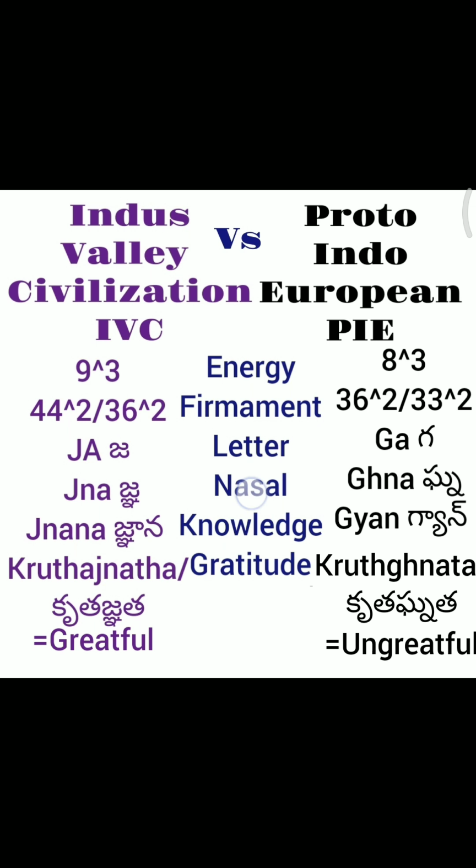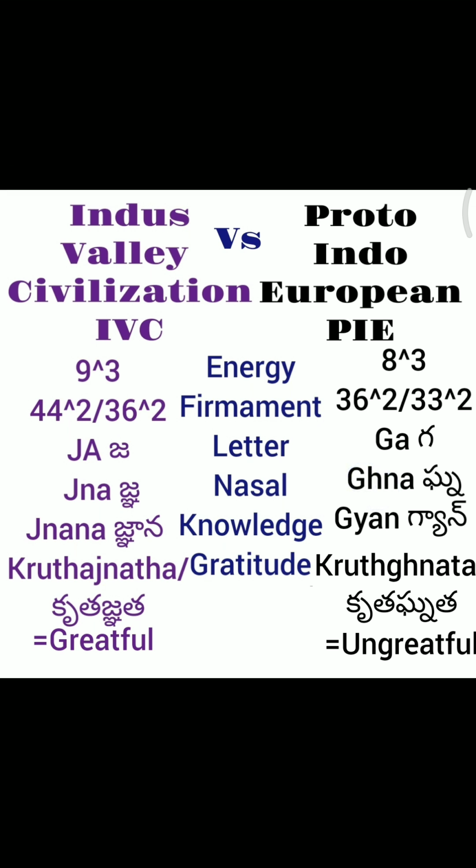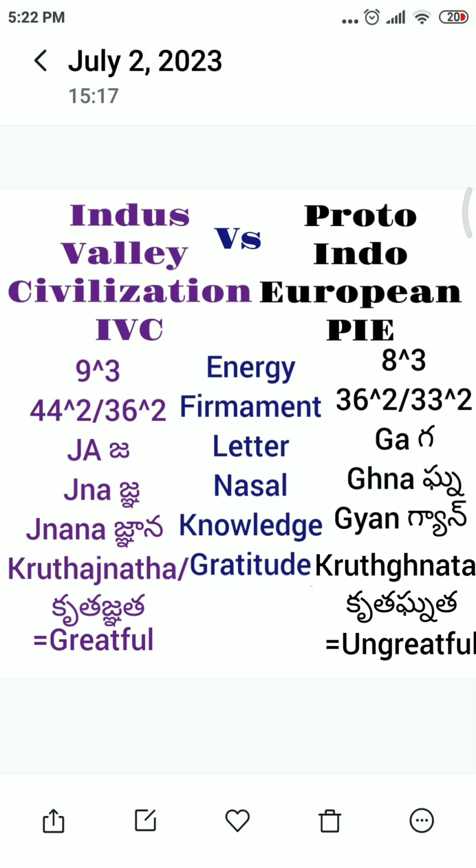And the nasal sound of the same syllable, Ja, is Jna. Here it is Jna, and here it is Gna. So this is basically the letter with visarga is Ga, and it is Gna.